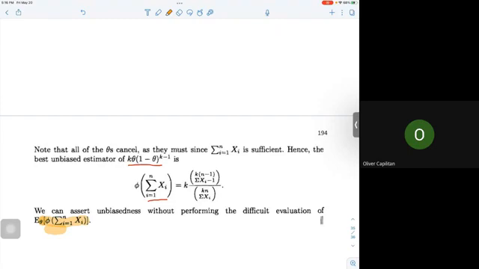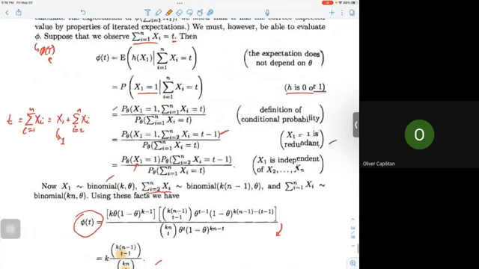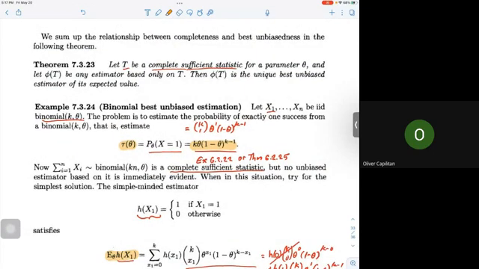Pero hindi na natin, we avoid this calculation and we just apply the theorem. Pag alam natin na yung T is a complete sufficient statistic, then this function of this complete sufficient statistic is the best estimator of its expected value.